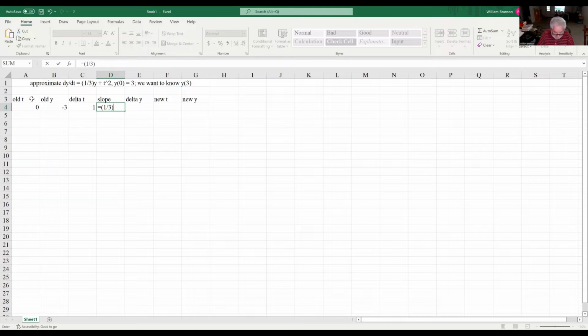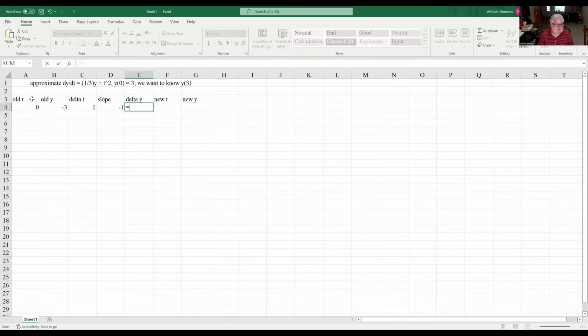So 1/3 times, and now I'm just going to use the left arrow key to go over to the y, because it's 1/3 y, and then plus, I'm going to use the left arrow key again to go over to the 0 squared, right? So when you put in the plus, it knows that you're done with that before, and it says, okay, now you can go on and enter another cell. So that's 1/3 y plus t squared, and it's minus 1.